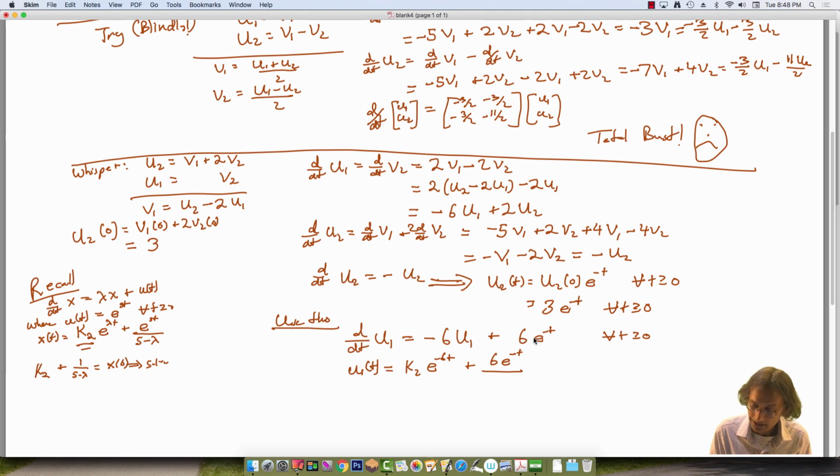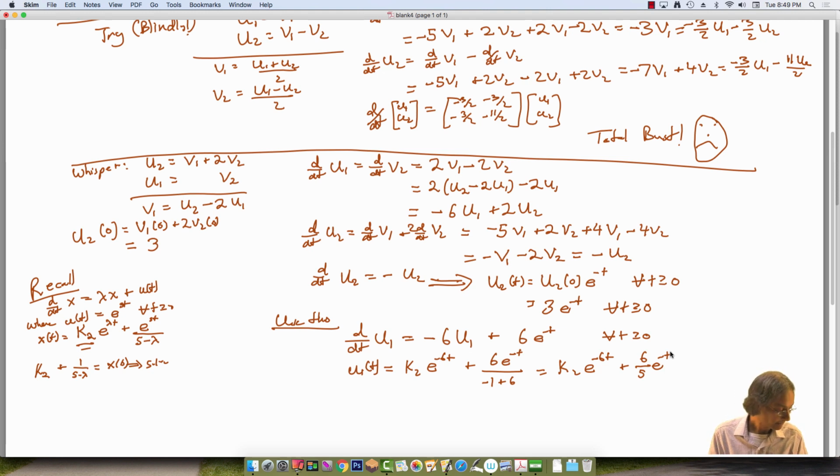Now, what is s? s is minus 1. What is lambda? Lambda is minus 6. So what is minus 1 minus minus 6? Well, that's minus 1 plus 6. So this becomes some constant k2 e to the minus 6t, plus 6 over 5 e to the minus t.